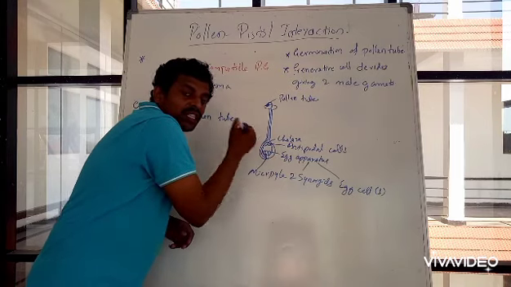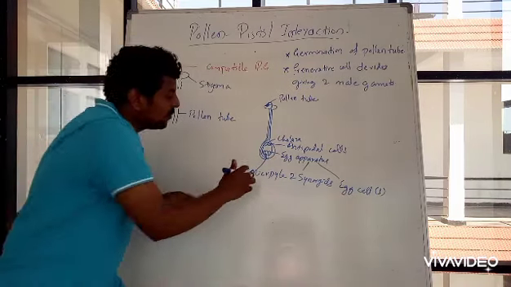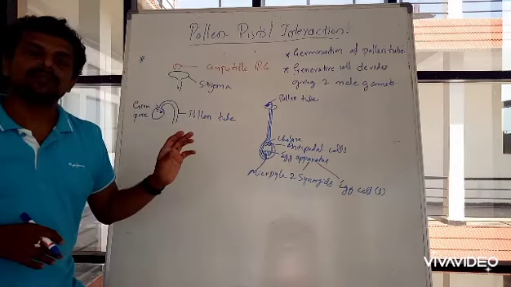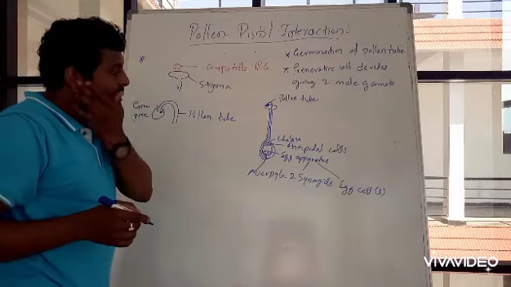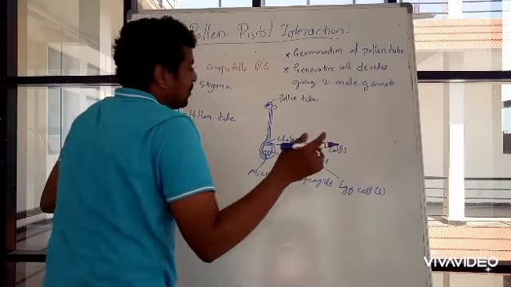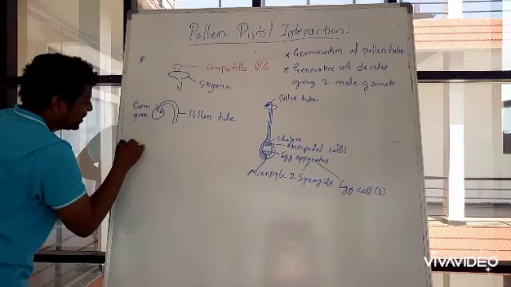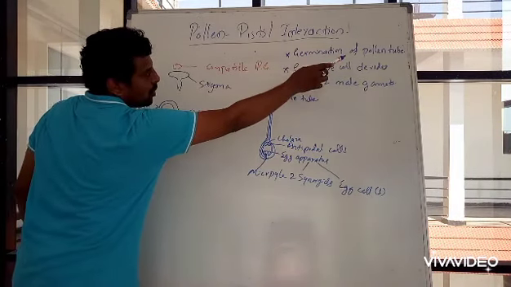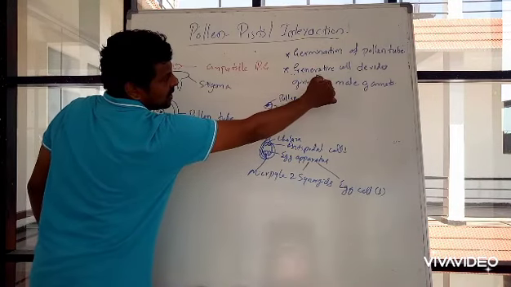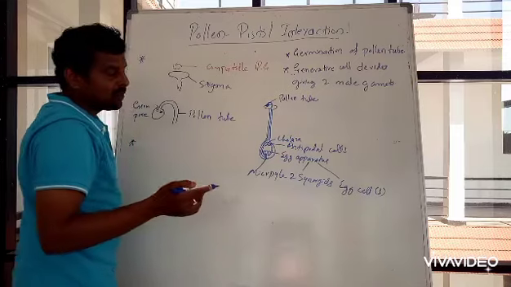Inside the ovary, it enters the ovule from the micropyle end. I will just write the points here. The first point is germination of pollen tube, and the second point, the generative cell divides giving two male gametes.